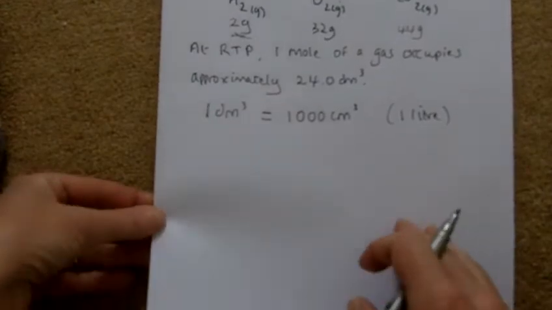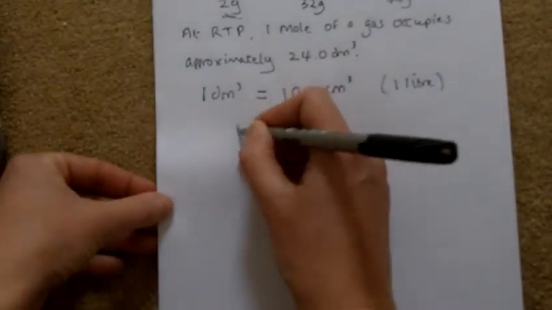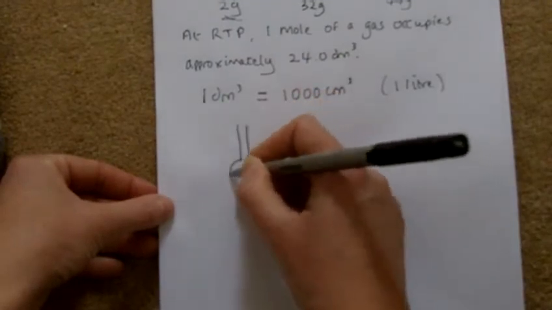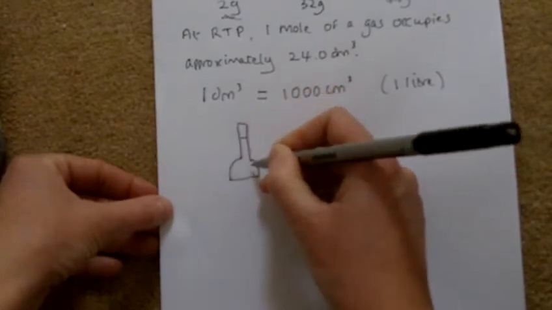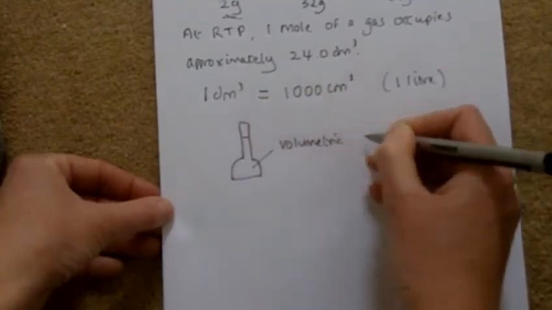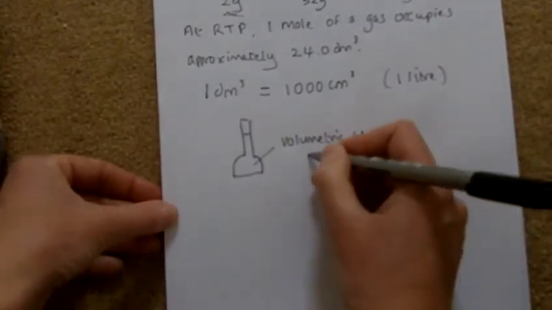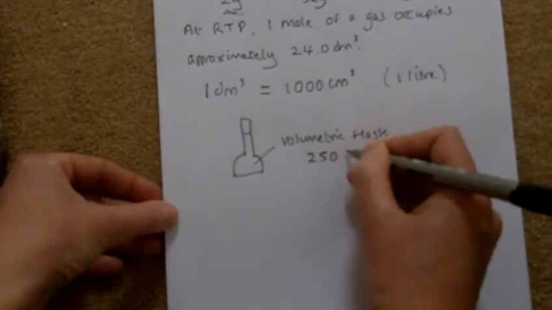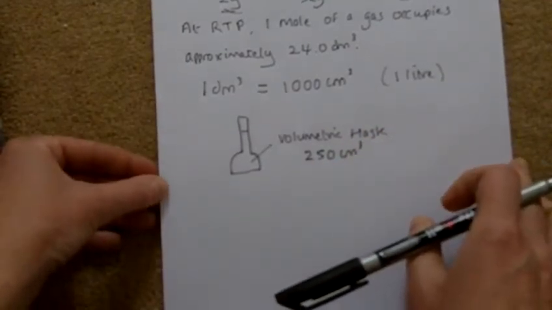Remember the work we've just been doing with a hydrated salt, where you used a volumetric flask to make a standard solution. That volumetric flask had a volume of 250 centimeters cubed.